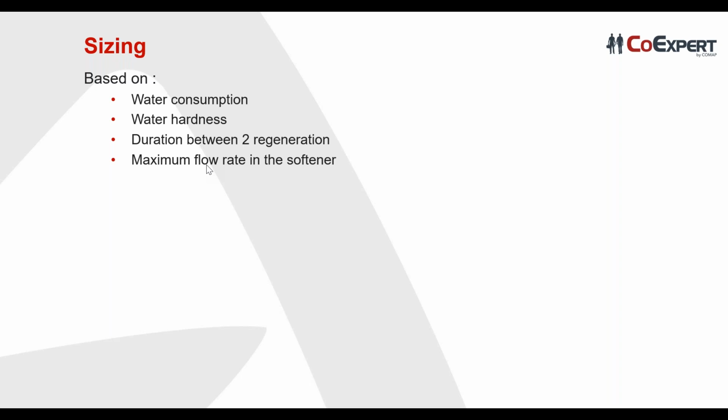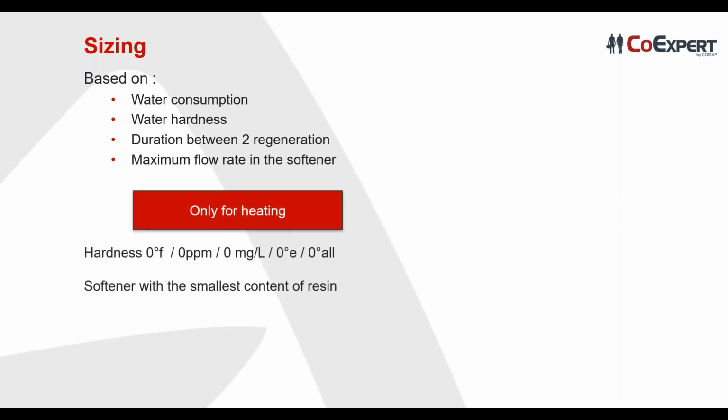So there are 2 cases. First, if the softener is only used for the heating network. That means after filling the network, it will be used only for the extra water. So it will be used occasionally and for some small amounts of water. In that case, and something important, as we said previously, the hardness has to be 0.